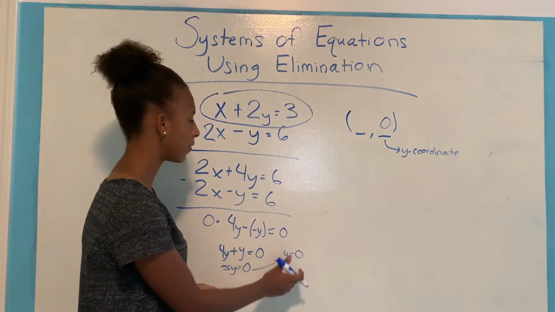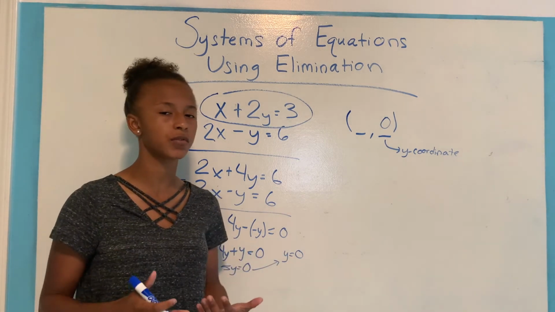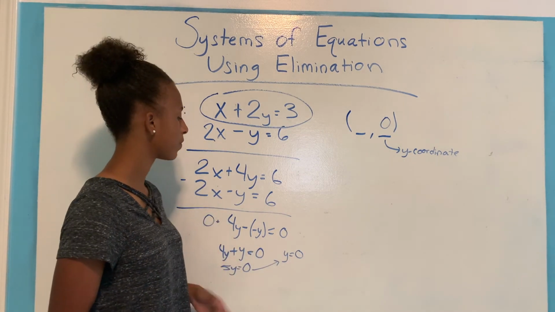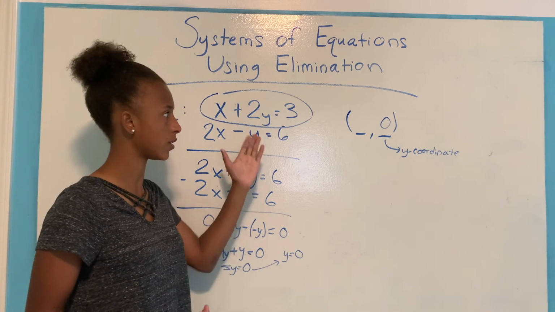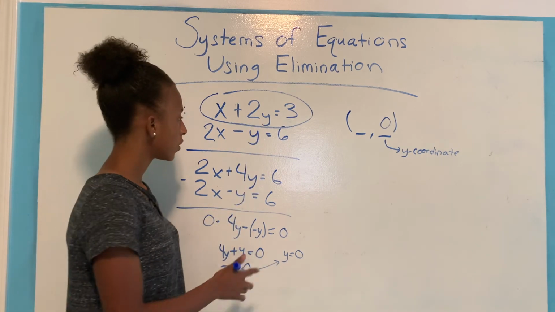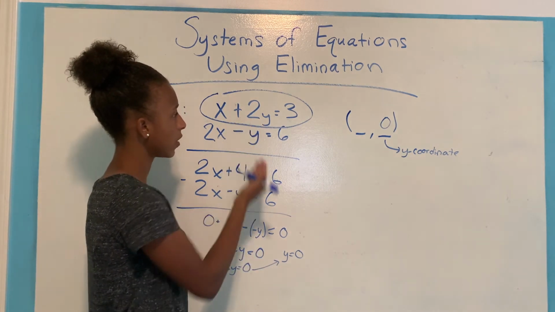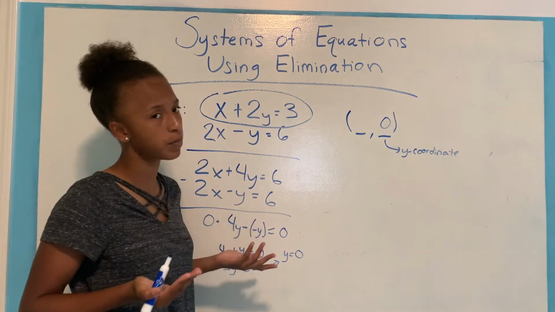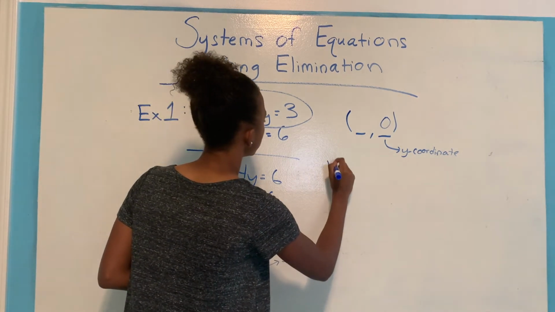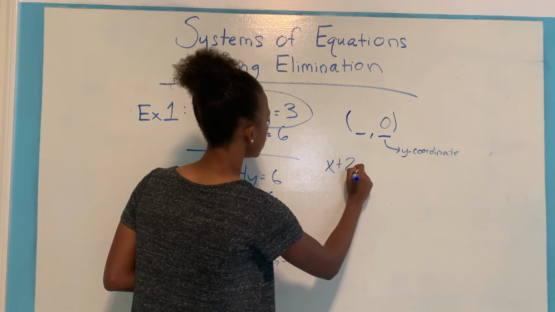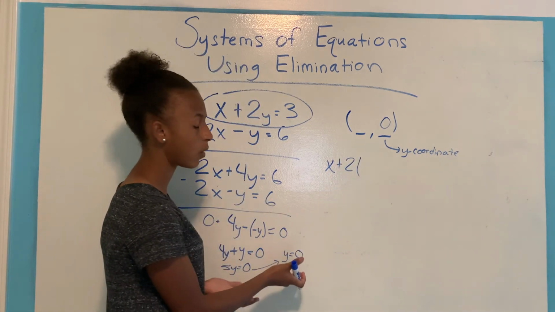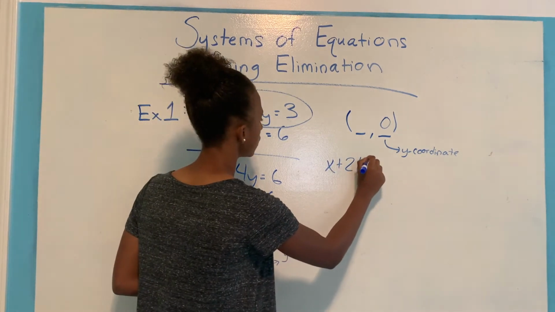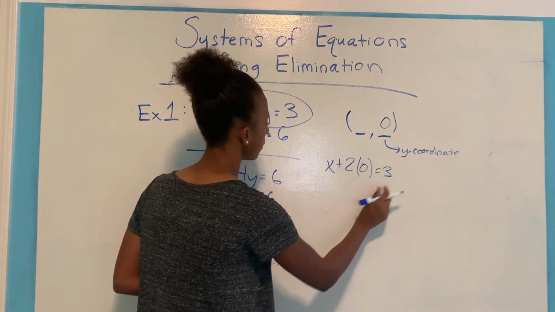So now that you have the y value, it's really simple to find out what the x value is, right? Because you can just plug it into one of these equations and it has to work. So in this case, I'm going to just plug it into here since the x is bare in this case. So I'll just do x plus 2 times y, but we know y is 0, so it's 2 times 0, and that has to equal 3, right?